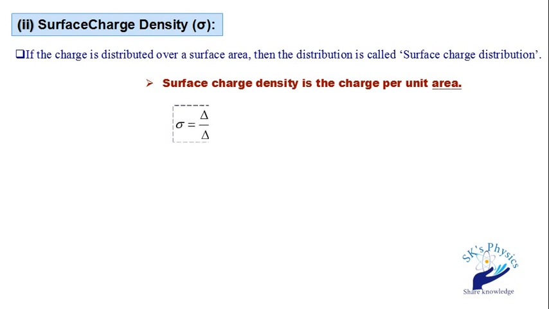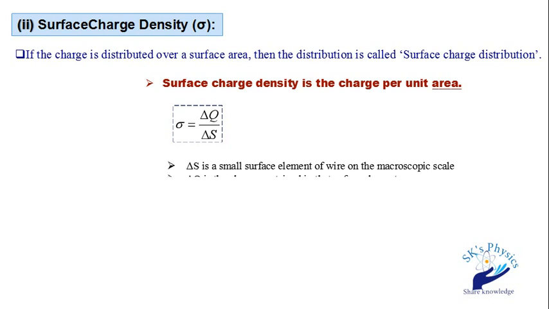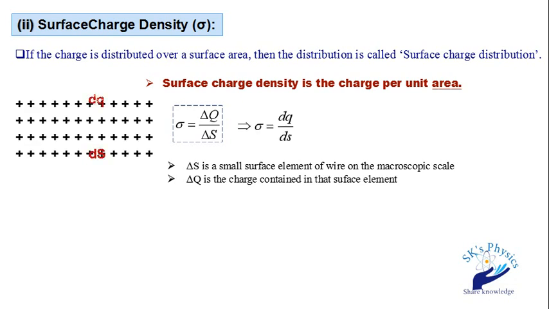Sigma is equal to delta Q by delta S, charge by area. Delta S is a small surface element, and delta Q is the charge contained in the surface element. Sigma is equal to dq by ds. Therefore, delta Q is equal to sigma delta S.